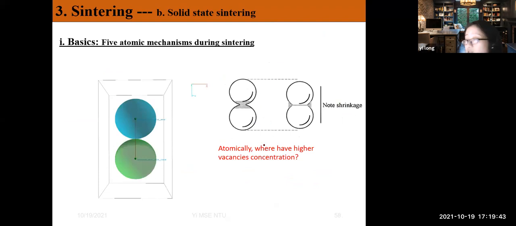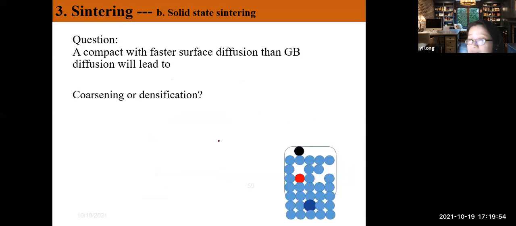And also this is a concept, what is densification, right? I think I already stressed it twice, in both class and tutorials, so I assume all of you understand already. And also compared with faster diffusion. This one is saying if you have too much surface diffusion, which is P2, then you will definitely have coarsening.